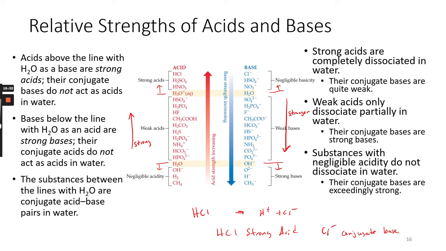It is very, very weak. The stronger your acid, the weaker your conjugate base. Weak acids only partially dissociate, so their conjugate bases are stronger bases. And substances that have very little acidity do not dissociate in water, so their conjugate bases are extremely strong.